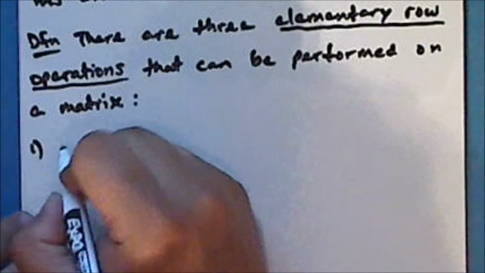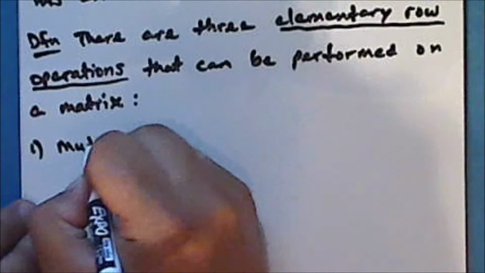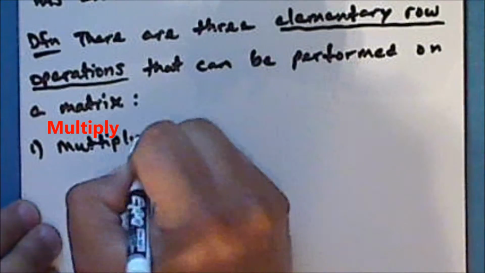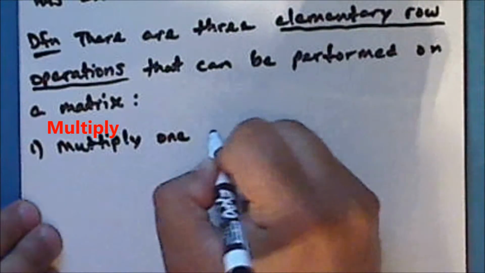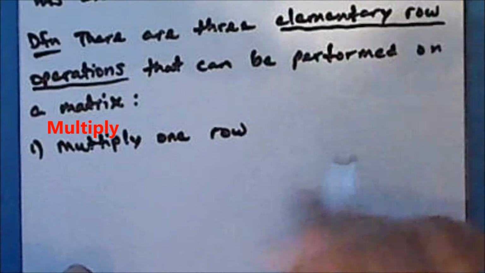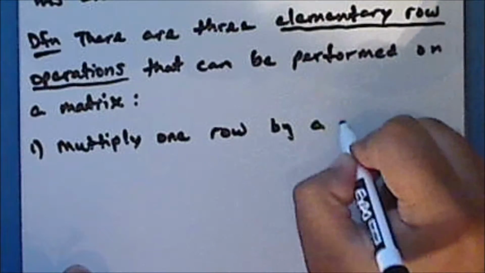The first is we can multiply one row by a non-zero constant.